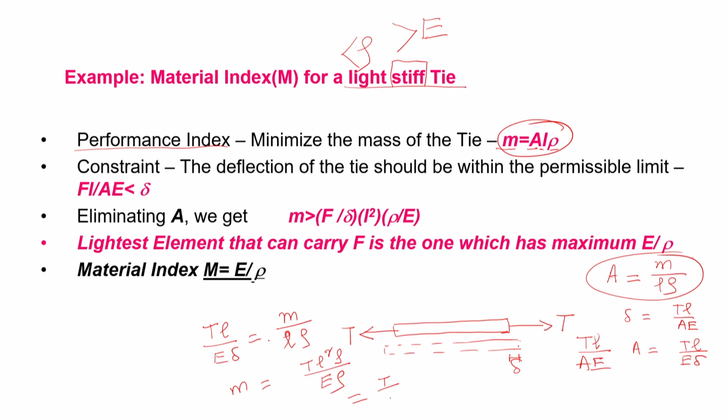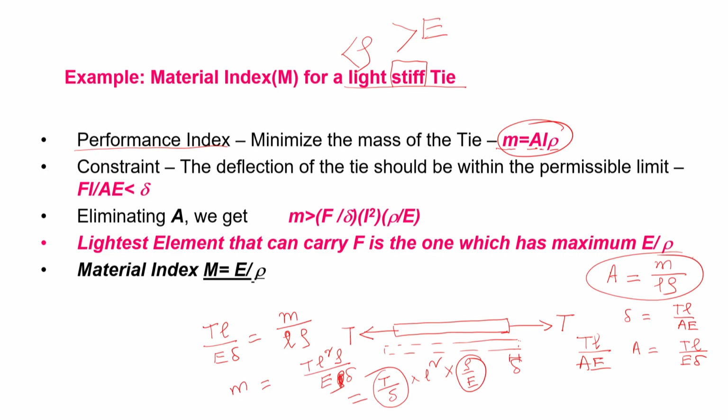So, we can write that T by delta as one group, that is the functional group, and then we can write this L square as the geometry group, and then we can write rho over E as the last group, which is the material property group.